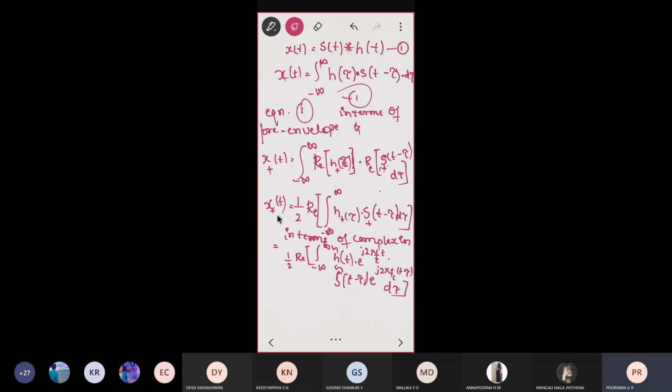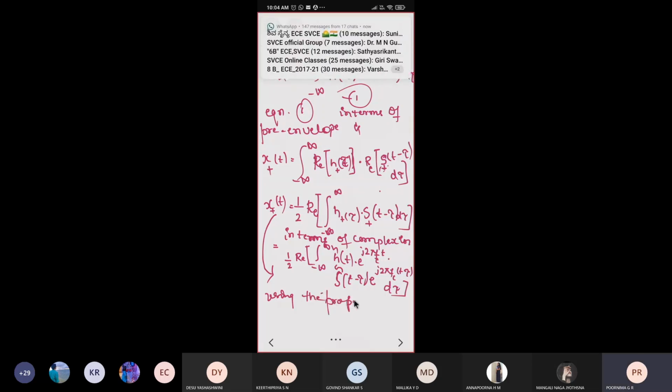Now moving on to the next step. This is the property we have used: to get this, we have used the property of the pre-envelope.